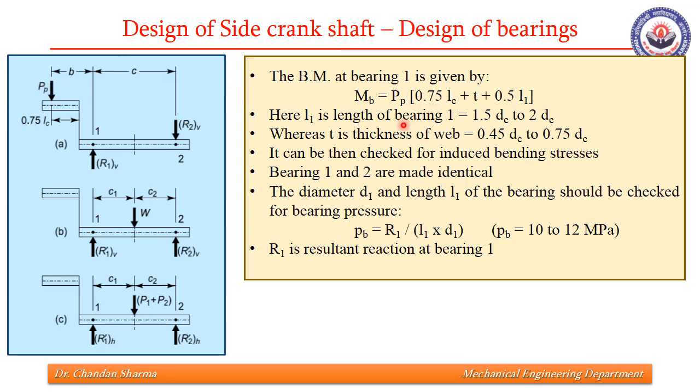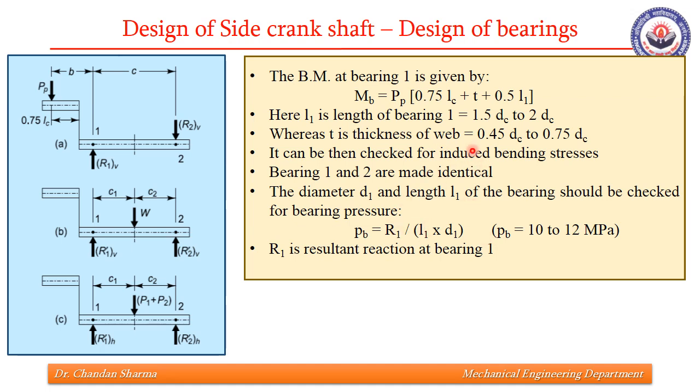Now there are empirical relations for L1. L1 is taken as 1.5 DC to 2 DC. There is also an empirical relation for T, the thickness of the web, that is 0.45 DC to 0.75 DC. So we can check for the stresses induced. How? Putting these values, we will find MB, and for the bearing we already know the section modulus, so we can find stresses for the bearing material and they should be within permissible limits.